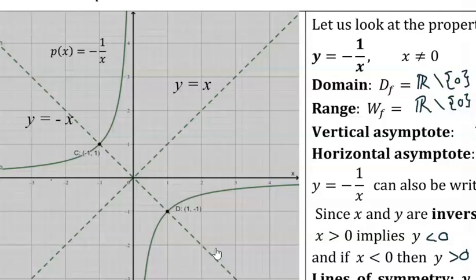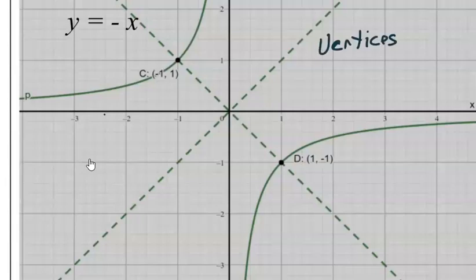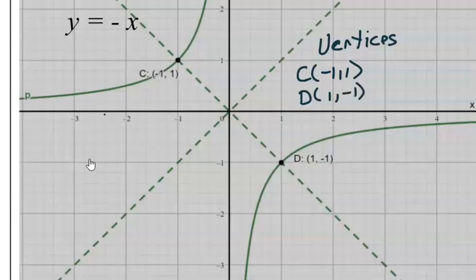So this is my function. Now our vertices here are C, minus 1, 1, and D, 1, minus 1. And we can solve y equal to minus x and y equal to minus 1 over x simultaneously. Then we get minus x equal to minus 1 over x.